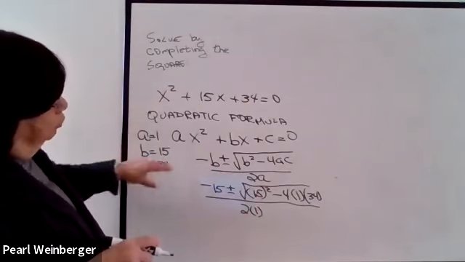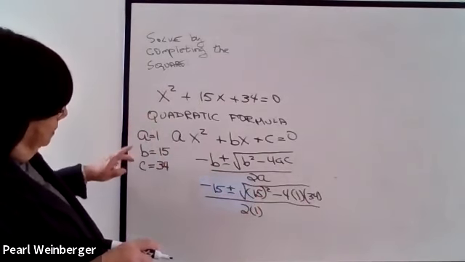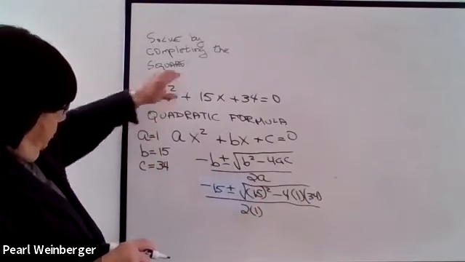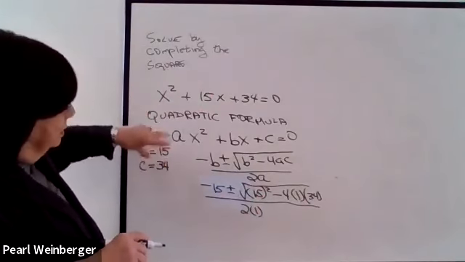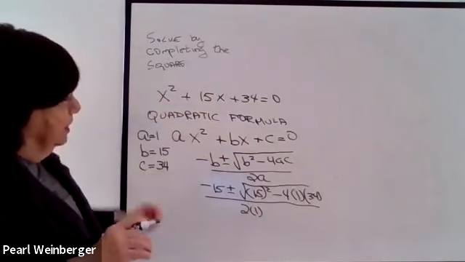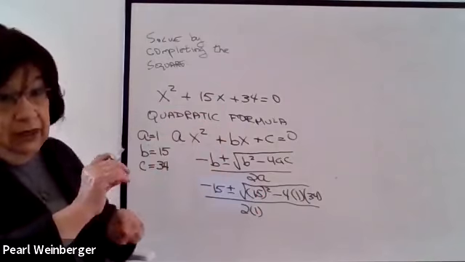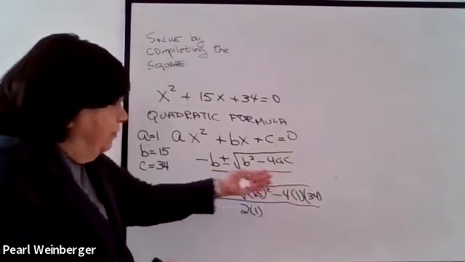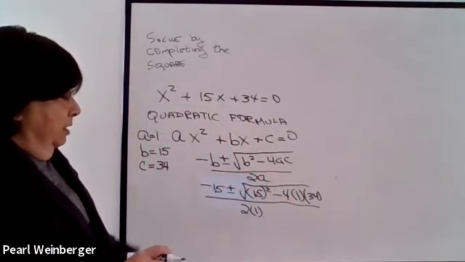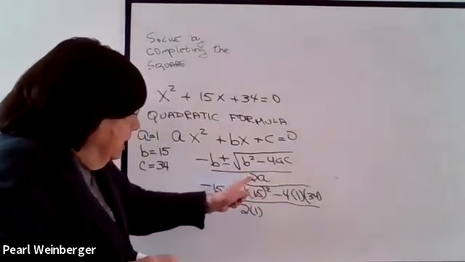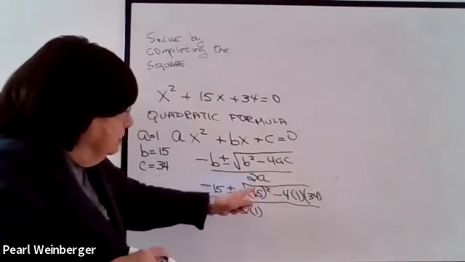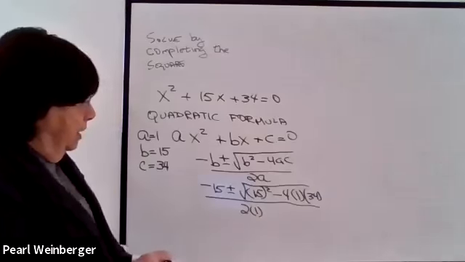I always like to write out what my a, b, and c are first on my side, so when I go to fill it in, I can just plug it in. It's just a matter of plugging in. Of course, now I have to simplify it. The hardest part of the simplification is the number inside the radical.